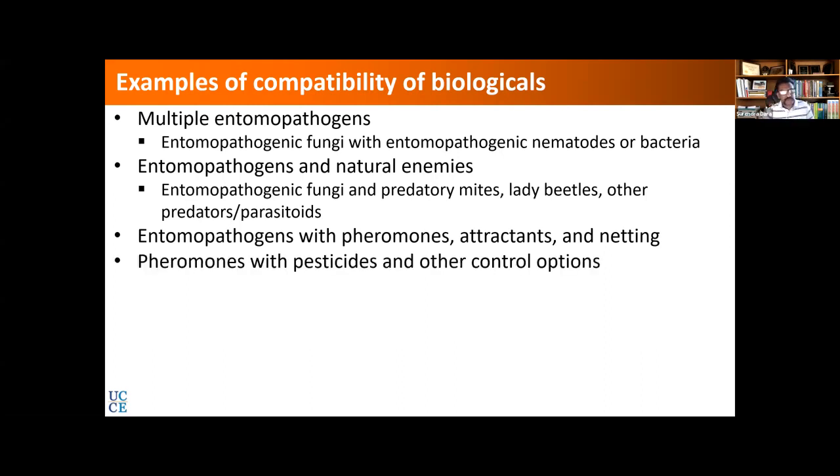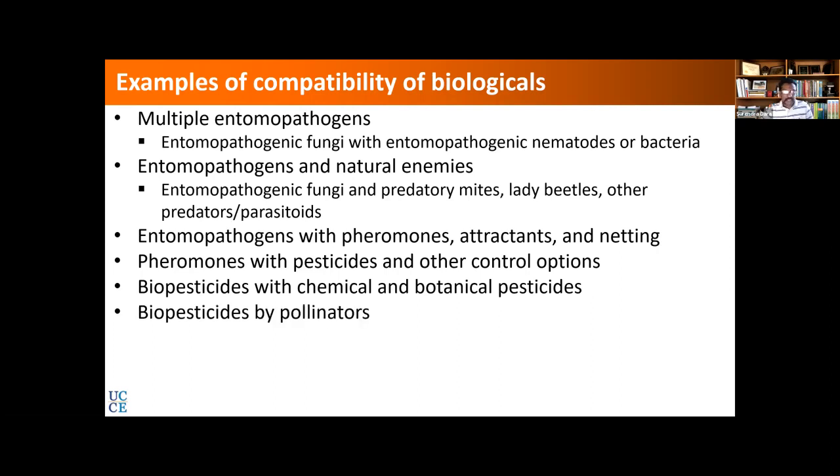Then using pheromones with pesticides, and that is very common in many systems. And then biopesticides with the chemical or botanical biopesticides, in the sense, microbial ones with the chemical or botanical pesticides, then biopesticides using pollinators to deliver the biopesticides, and biostimulants with the synthetic fertilizers. This is an important area.